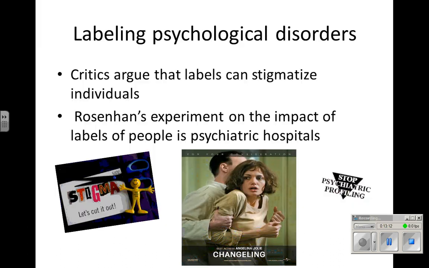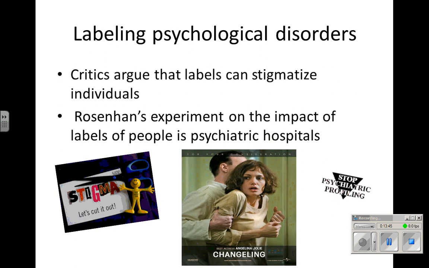All right, so labeling psychological disorders, like I said, critics argue that once you get a label, it can stigmatize you. Rosenhan's experiment, we're going to look at this in class as well as some other examples, like The Changeling. I'll show you a clip from this movie, where basically it's the impact of a label on someone in psychiatric hospitals. In this experiment, they were faking it, saying, oh, I have this, I'm hearing the word thud in my head over and over again, and the staff go through the criteria and say, oh my God, you have this disorder, and they admit them into the hospital.